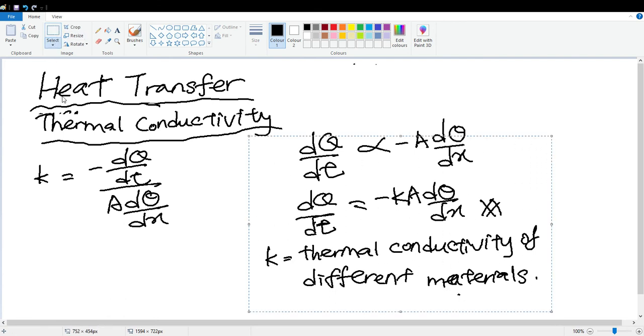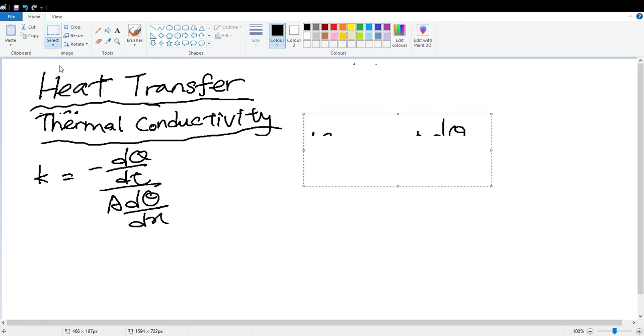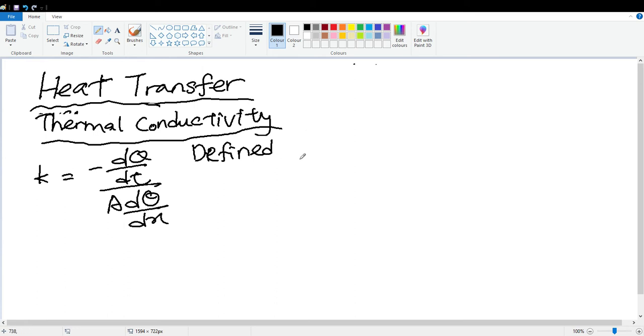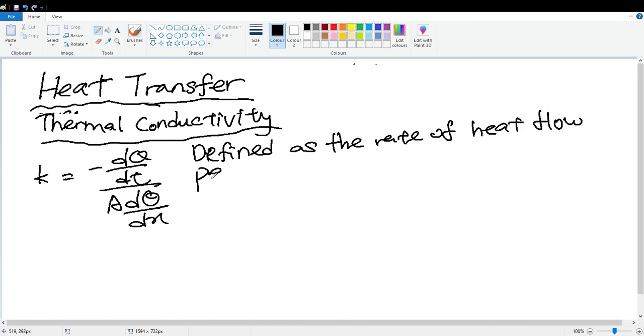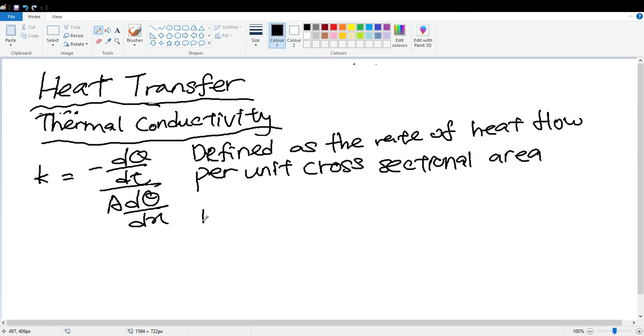Let me erase all this. From this formula, what I get is the definition for thermal conductivity, which is defined as the rate of heat flow per unit cross-sectional area per unit temperature gradient.